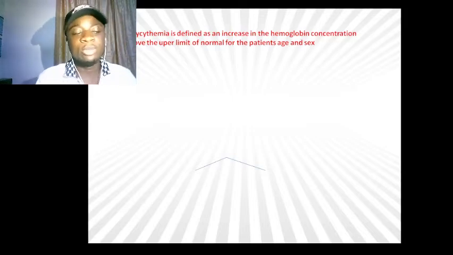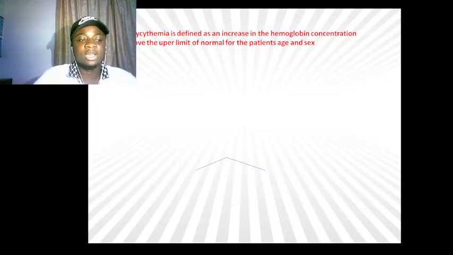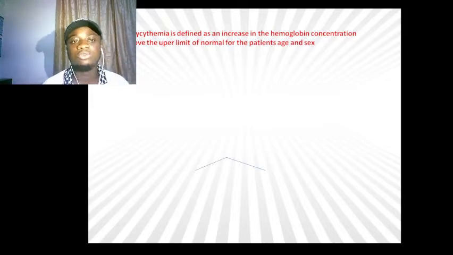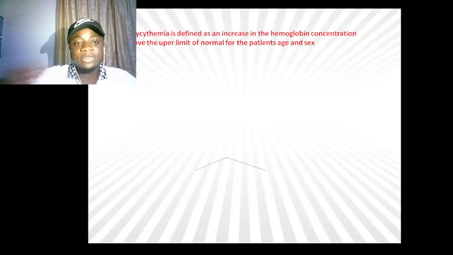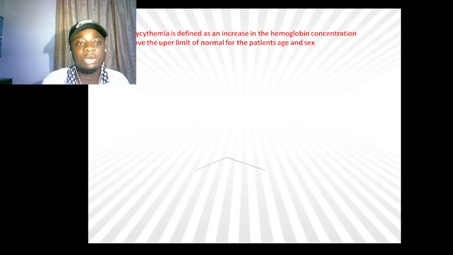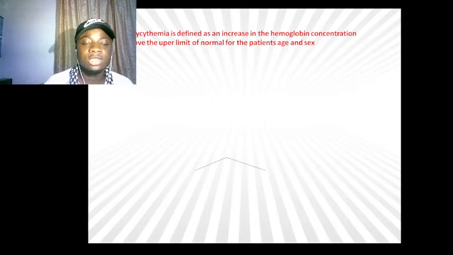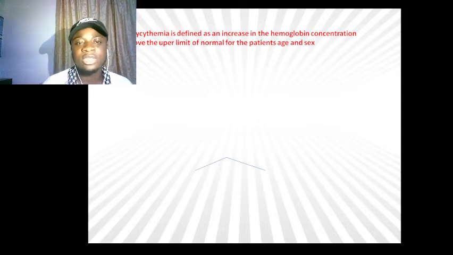Males have their range for hemoglobin concentration, and females have their own range. So when the hemoglobin exceeds the upper limit of the reference range for either males or females, then we say that there is what? Polycythemia. Take note of that. Polycythemia is defined as an increase in the hemoglobin concentration above the upper limit of normal for patient's age and sex.